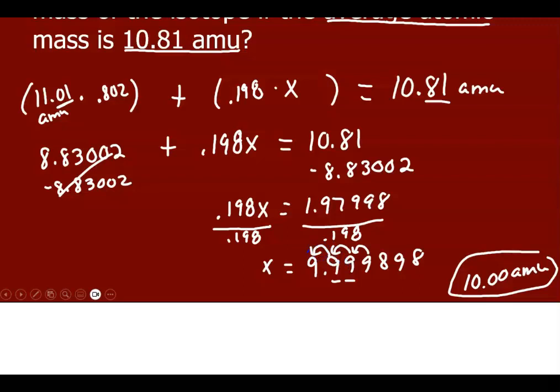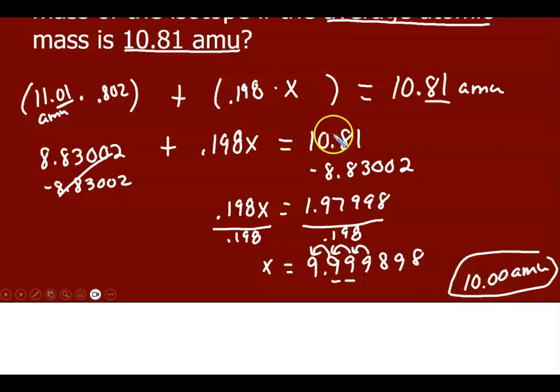Don't do that if it's 5s and 6s and stuff. Okay? Could I check my math? Well, sure. I could take this number that wasn't rounded. I could plug it right there in for x, and I should do the math, and it should equal 10.81. If it didn't, I did my algebra wrong. Okay? But you have to take the unrounded if you want it to check perfectly. If you want it to almost check, you can put that 10 in there.